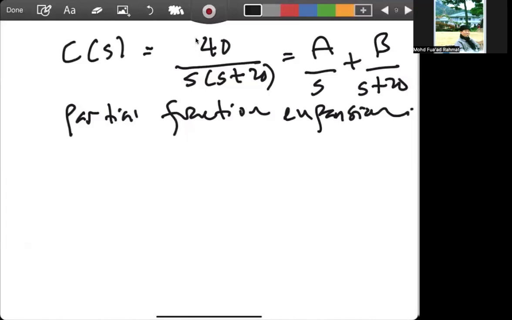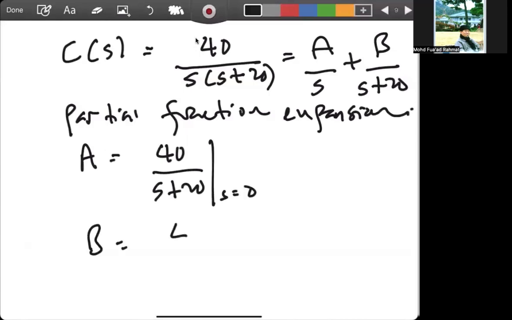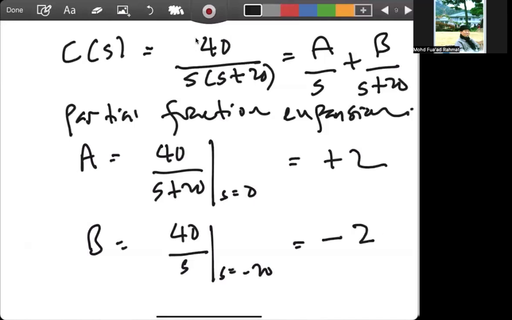So you solve this for A. How do you solve it? A is equal to 40 over s plus 20, at s equal to 0, so A is 2, and B is 40 over s at s equal to minus 20, so this one is minus 2.